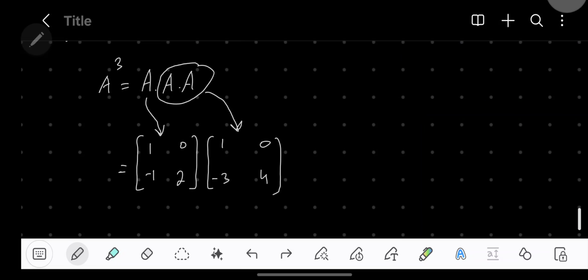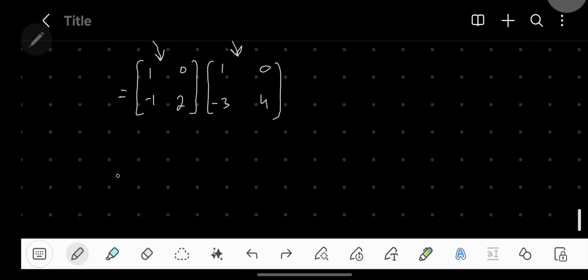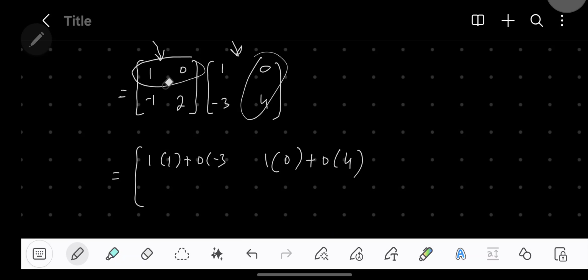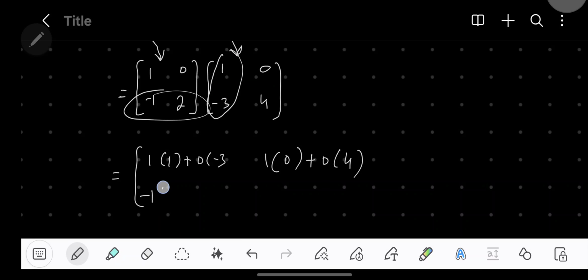Now you can compute these values by multiplying these two matrices. First I will multiply this with this, which is 1 times 1 plus 0 times minus 3. Then this with this, which is 1 times 0 plus 0 times 4. Then I will go to the next row, which is minus 1 times this matrix, 1 times 1 plus 2 times minus 3.